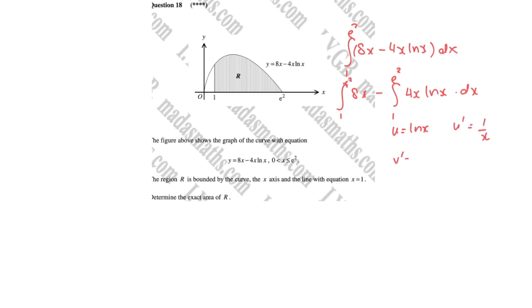Then v dash is either 4x or x; I'll just use 4x. Integrating that will give me 2x squared. Now I put everything into the integral carefully, bearing in mind that there's a negative sign.